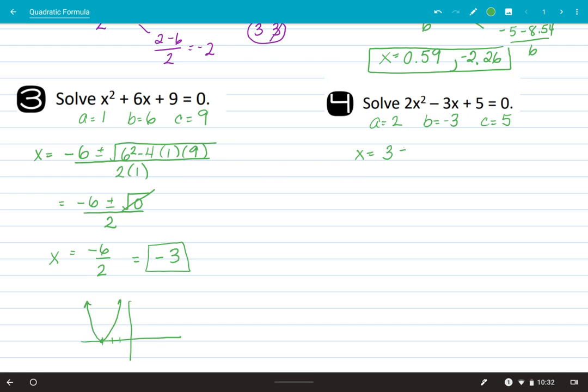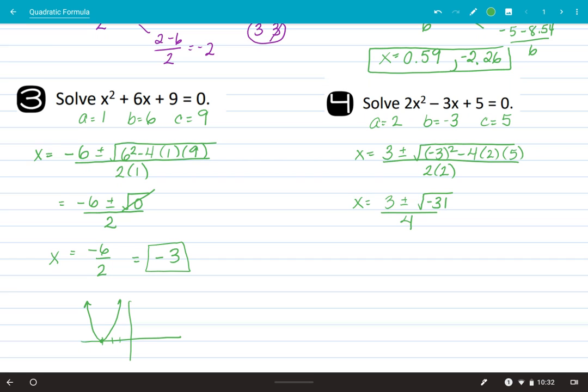Opposite of B, plus or minus the square root of B squared minus 4 times A times C, all over 2 times A. Do the simple things first, and then bring in the calculator. Minus 4 times 2 times 5, and we get this one to be a negative.